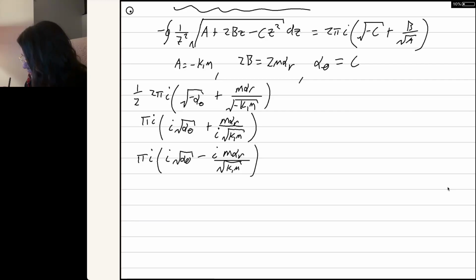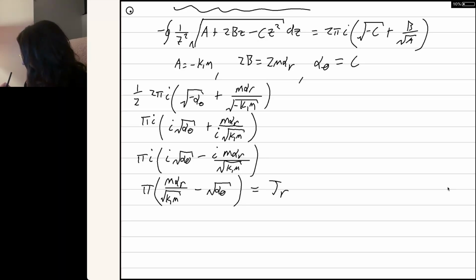And then the i's will cancel out, so it'll just be pi times m alpha r divided by root k m minus alpha theta.